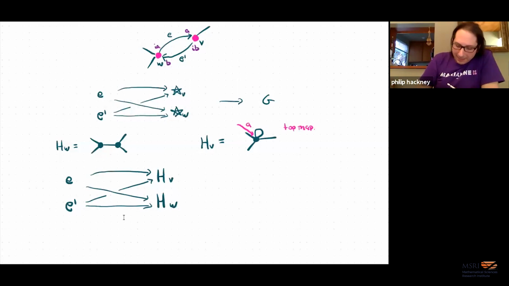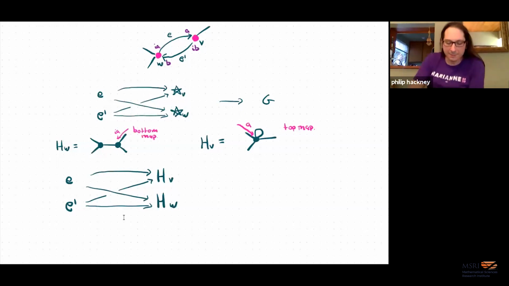And the bottom map is doing something like this. It's mapping IA to the thing pointing towards that vertex, and it's mapping A to the boundary thing of the original.